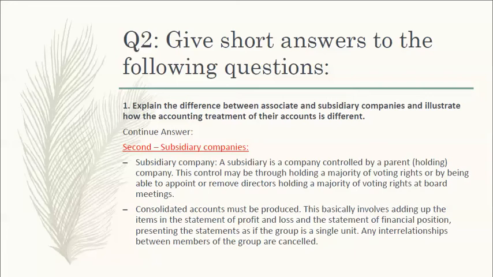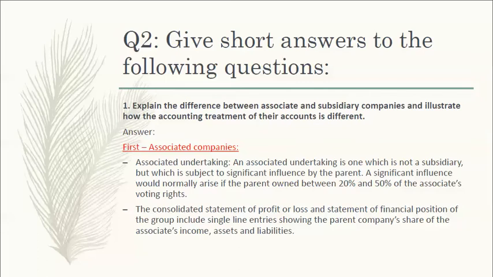So in this question, first we define an associated company, and we mentioned that an associated company is not a subsidiary, but is subject to significant influence by the parent, and this significant influence would normally arise if the parent owned between 20 to 50% of the associate's voting rights.